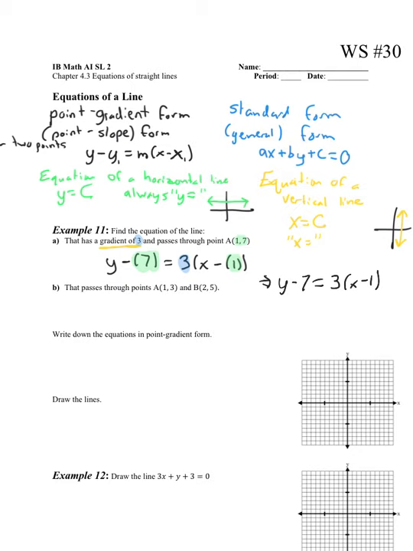Passes through the point A at 1 comma 3 and B at 2 comma 5. So the first thing I'd want to do for example B is go ahead and find the slope. Rise over run. So subtract the y values. 5 minus 3 is 2. Subtract the x values. And I get a slope of 2.